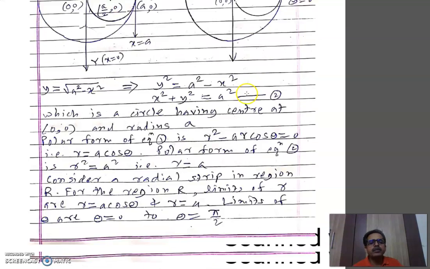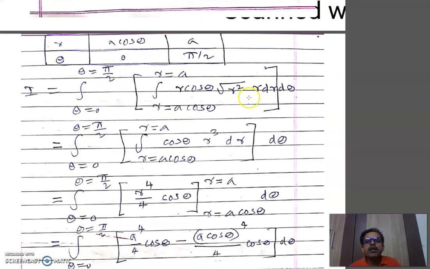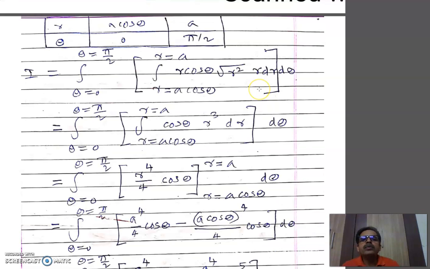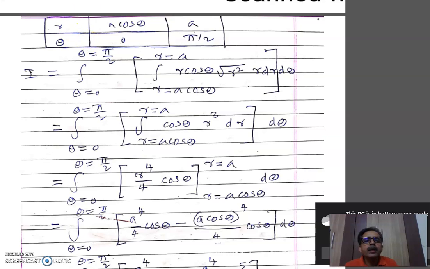After understanding the limits of r and theta in these problems, here in tabular form we have shown the limits of r and theta.